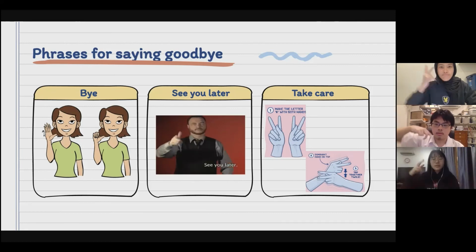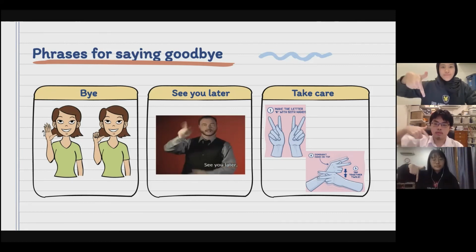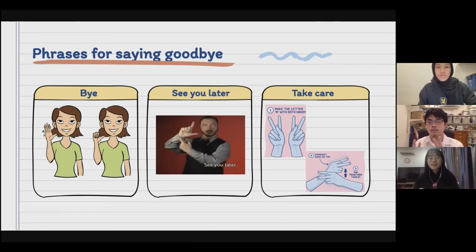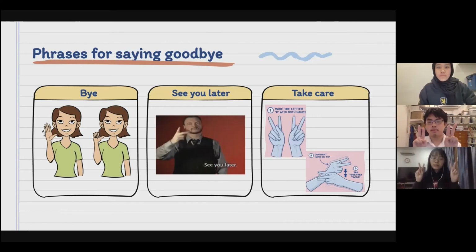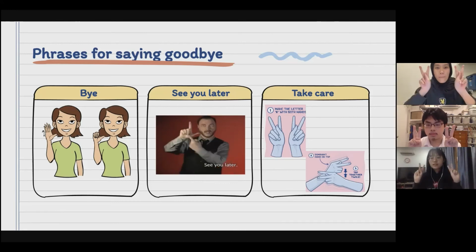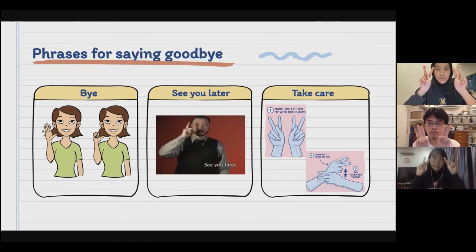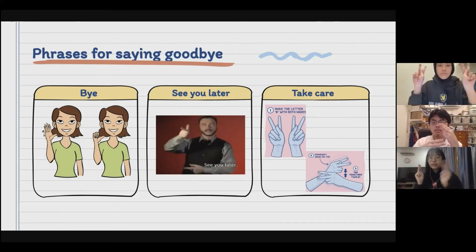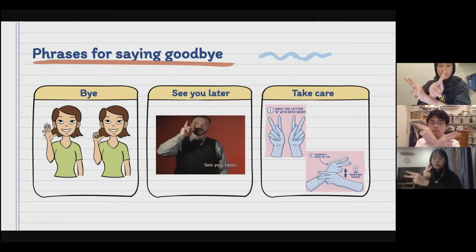So see you later. And take care, you make the hand signal for care, and you tap it twice with your dominant hand on top of your non-dominant hand. So take care.